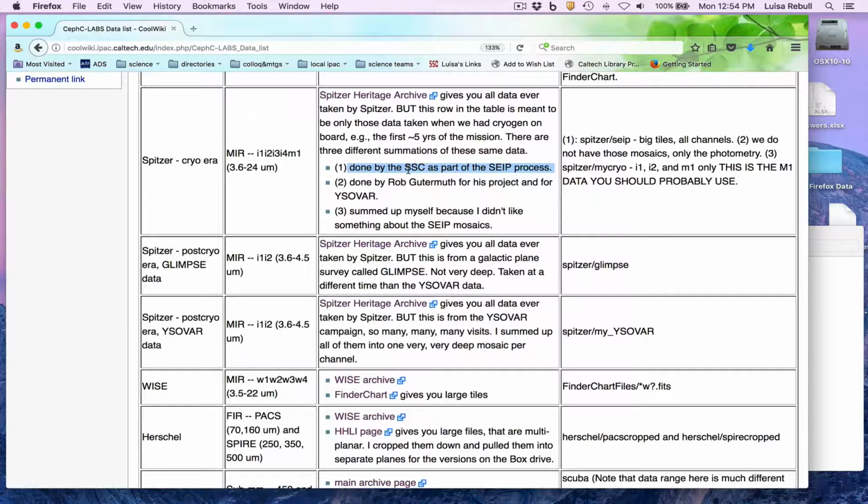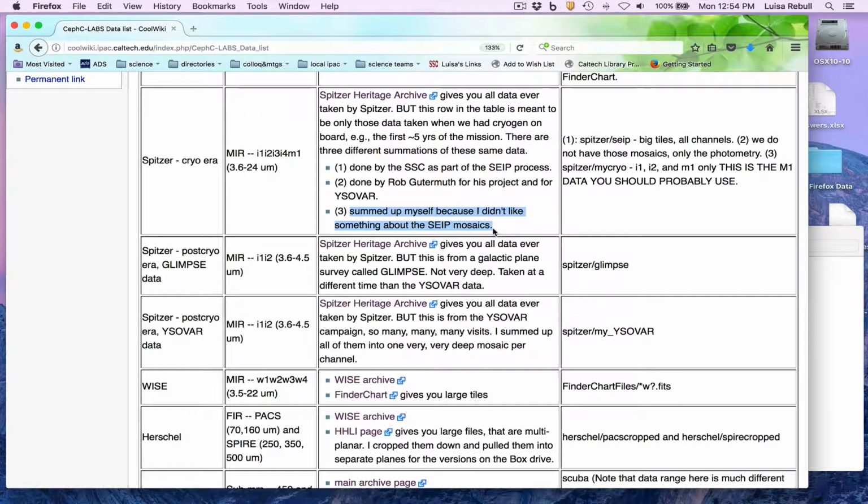So they have all 4 bands of IRAC and MIPS 24. They have big tiles, which is good. They have reduced photometry, which is okay. They don't go as deep as we need them to go, but they have a lot of the data that we need. Then there's data that Rob Gutermuth reduced for us. I don't have those mosaics. I do have the photometry from Rob.